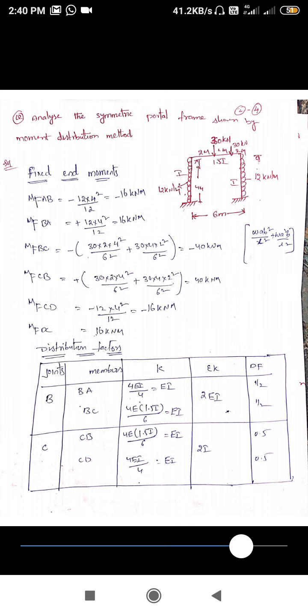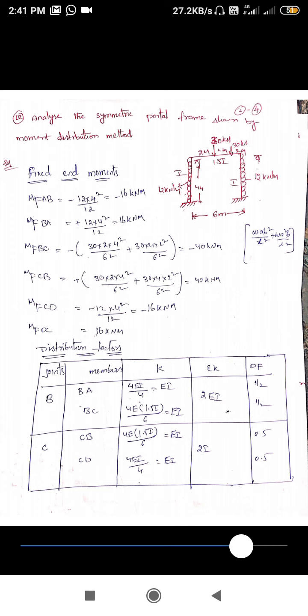Coming to the moment of inertia, span AB is I, BC is 1.5 I, and CD is I. The horizontal distance from B to C is 6 meters, A to B is 4 meters, and the same for C to D.